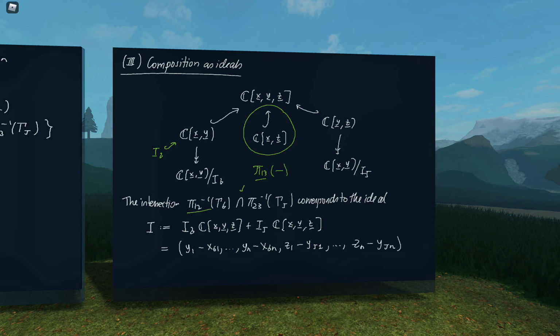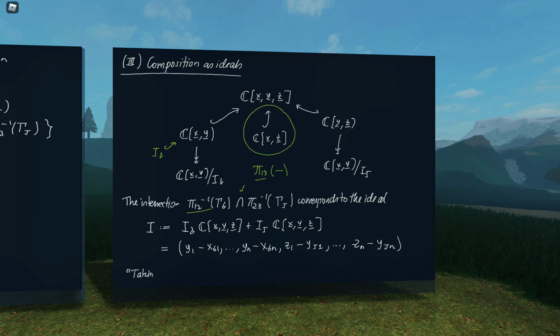So, well, what does taking the image mean? In the case where we're composing graphs, we saw that it meant taking this mapping and plugging it into this one, which is deriving the consequences for the relationship between the x's and z's that come from the intermediate relations with the variable y.